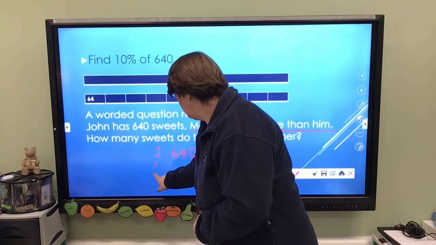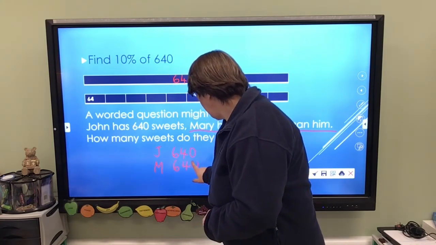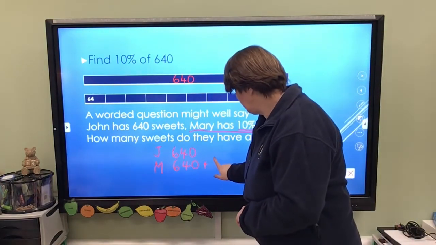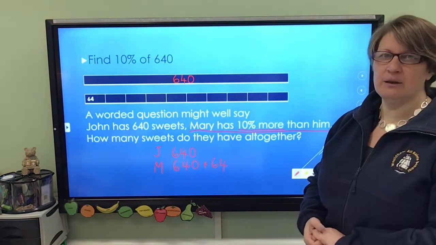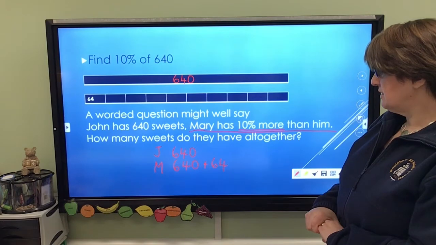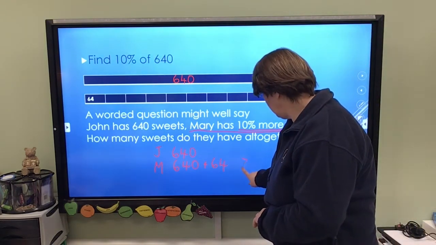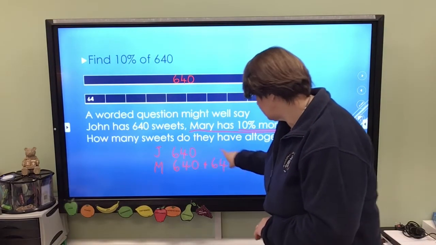Mary has got 640 and an additional 64. Hasn't she? Because it says she's got 10% more than him. So she's got 704. That's 640 plus the 64.